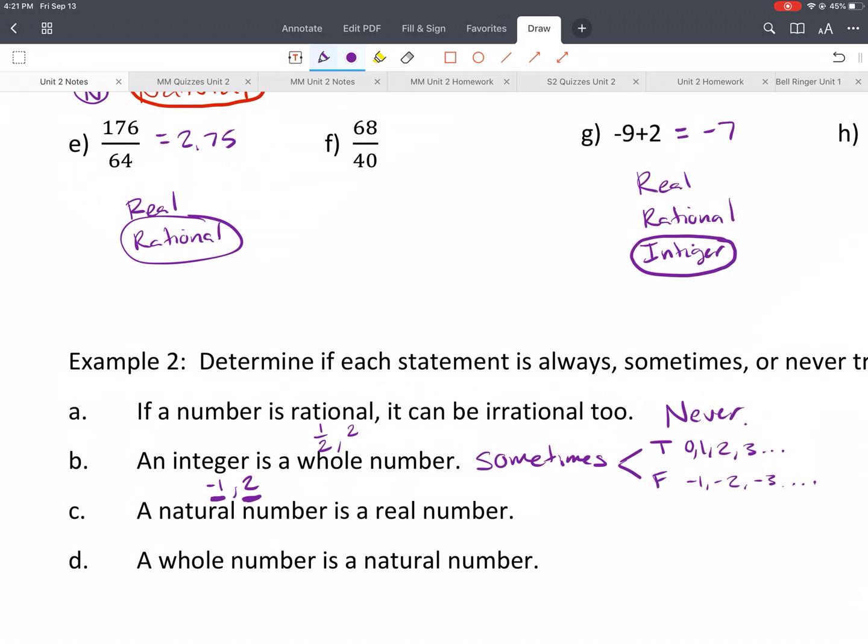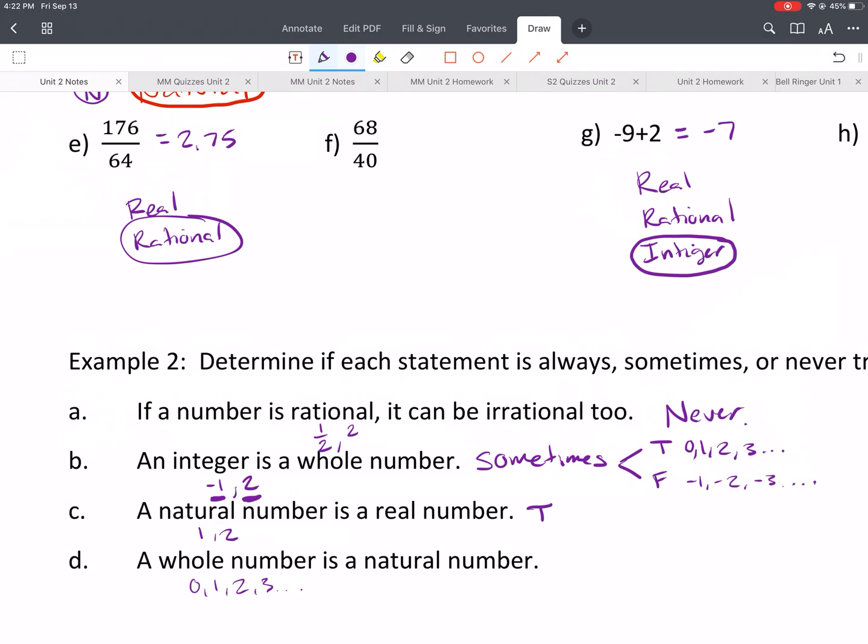Okay, a natural number would be something like 1 or 2. Is a natural number a real number? Well, everything we've been talking about is real, so here we'd say true. And then the last one, a whole number could be 0, 1, 2, 3. Now, if you have to do these kind of problems, maybe give some examples. I think that's a really good idea on the test.